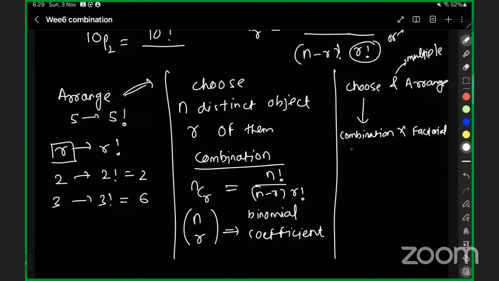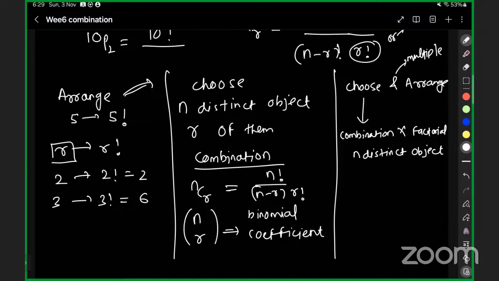So let's say I have n distinct objects. I want to choose R and arrange them, right? That's how it works. Let's say you want to pick two, a captain and vice captain.